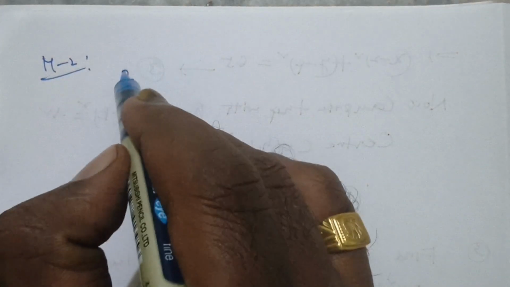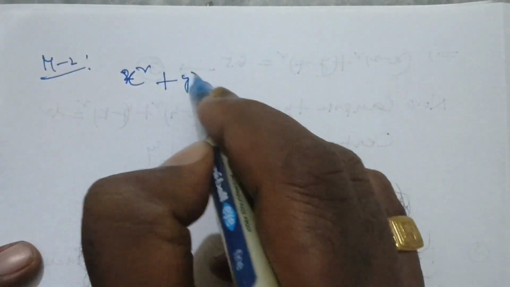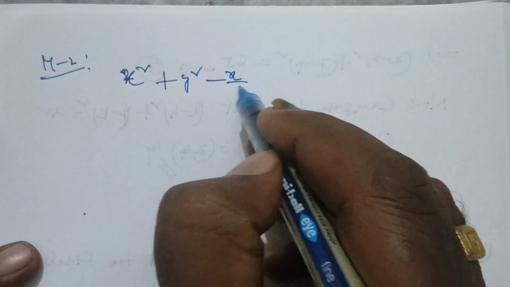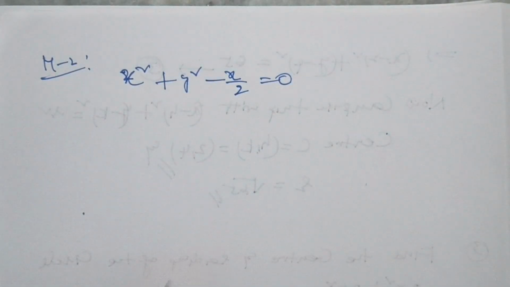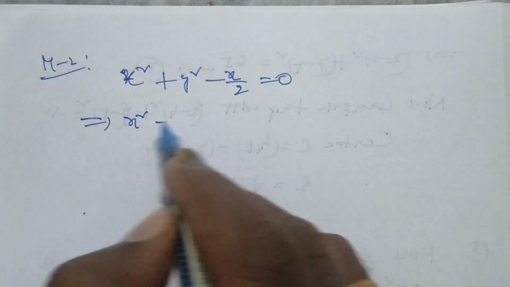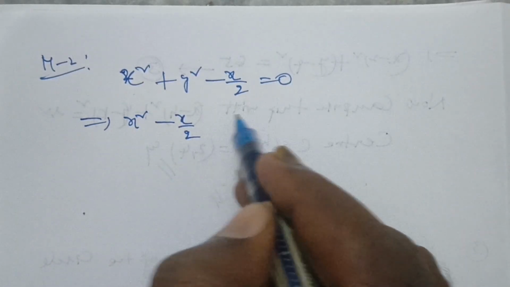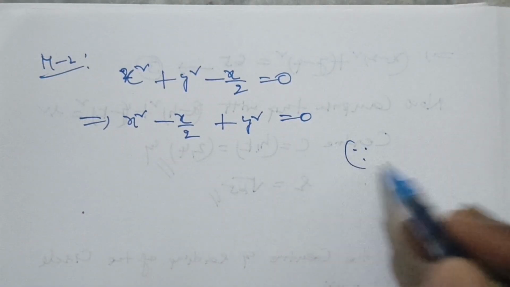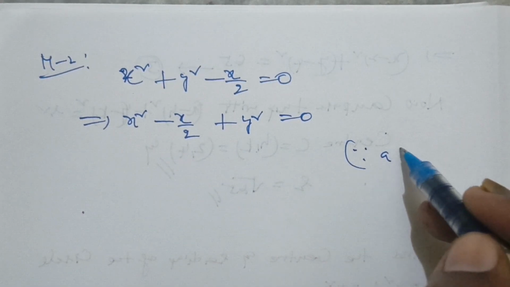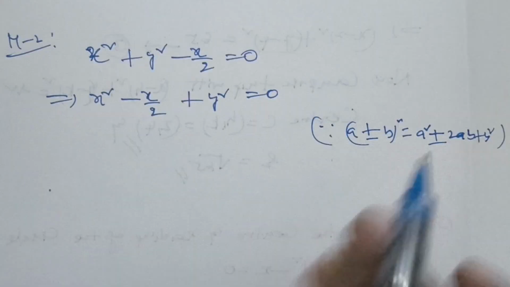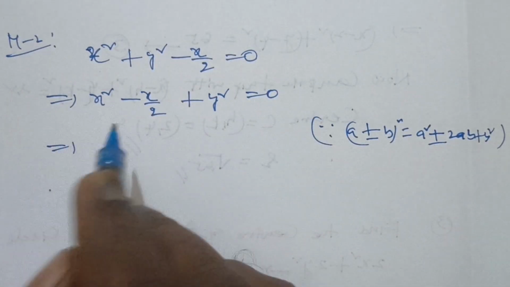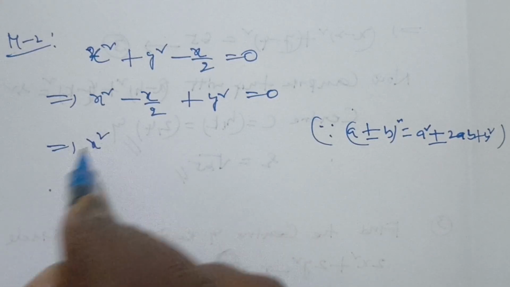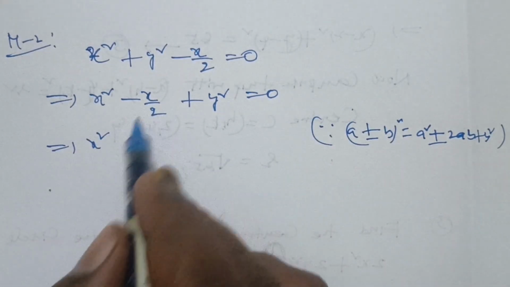Now this problem also can be solved in method 2 by using the equation number 1 here. What is equation number 1 here? Is x square plus y square minus x by 2 equals to 0. In method 2, completing the squares of x and y means we can be transformed x and y values into a plus b whole square or a minus b whole square formula. So now x values can be rewritten at one place and y values can be rewritten next place.